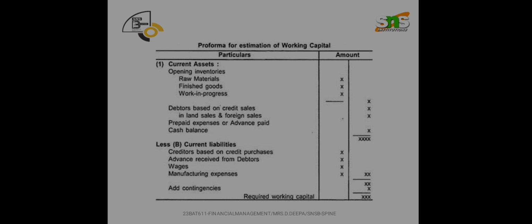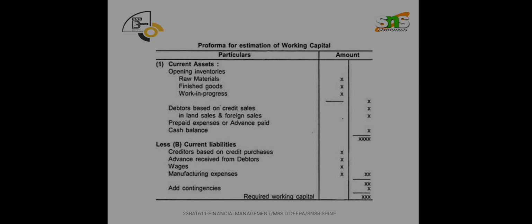Now, how do we calculate this working capital? It is the estimation of working capital. Basically, in a company, if you are in a finance position and they ask you to estimate the working capital requirement for a particular business, how do you do it? The concept is that the formula for working capital is current assets minus current liabilities.